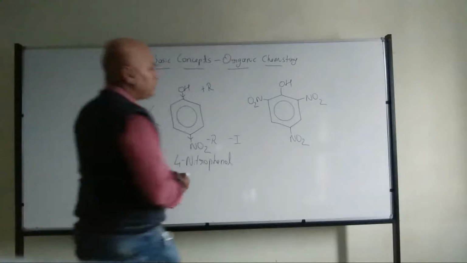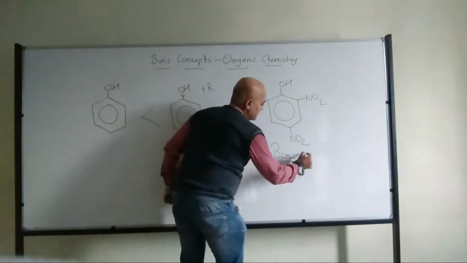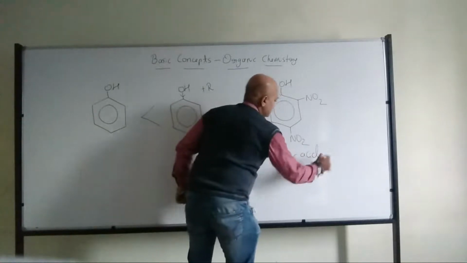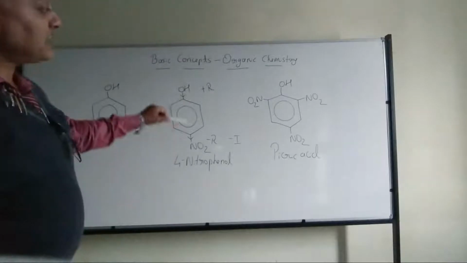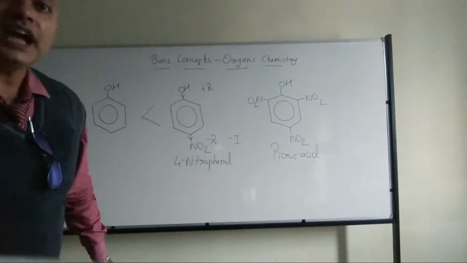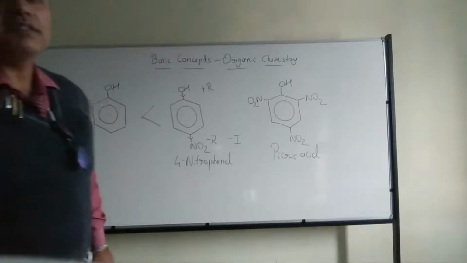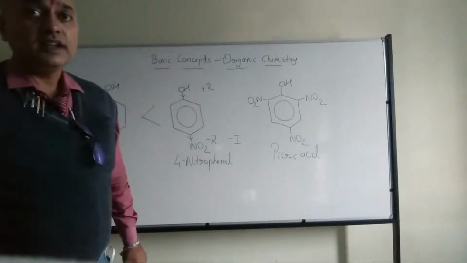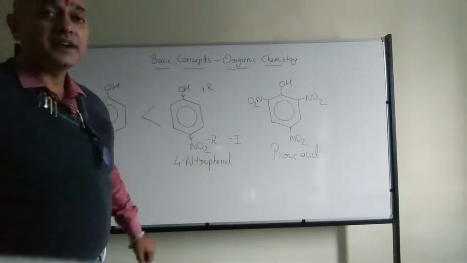The common name is picric acid. It is picric acid, not picnic. Don't write picnic. What is the IUPAC name for picric acid then? In second PU they will ask a 1 mark question.